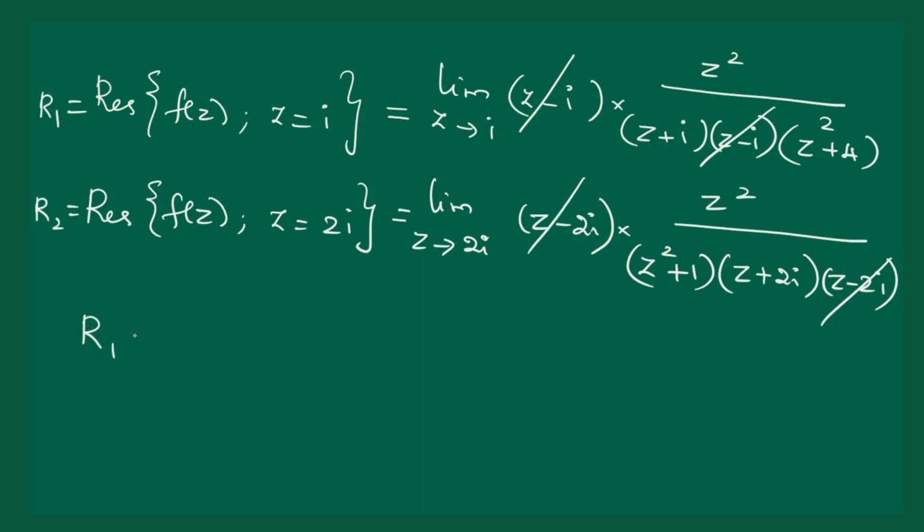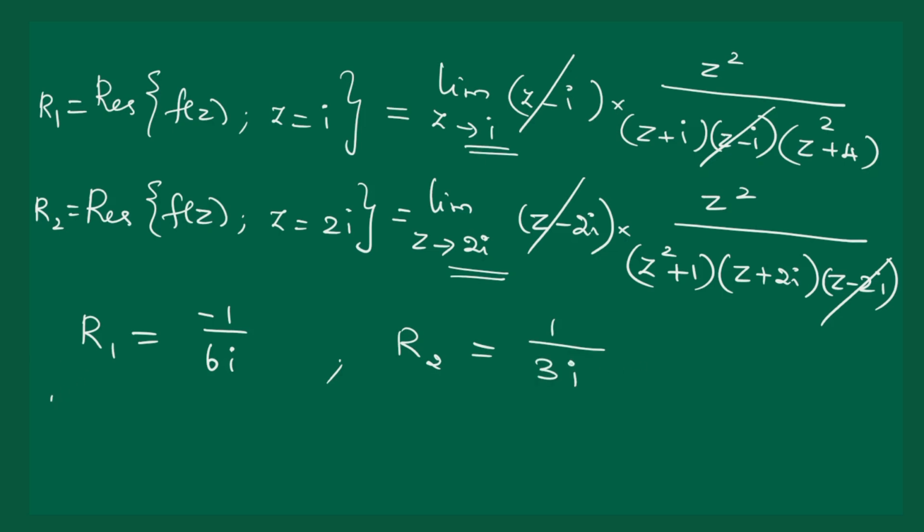Finally, in place of z we put z equal to I, and similarly here in place of z we put z equal to 2I. If you put these, the final answer is R1 equal to minus 1 by 6I. This you can verify by yourself by doing the simplification and checking whether you get this value as R1. R2 is 1 by 3I.